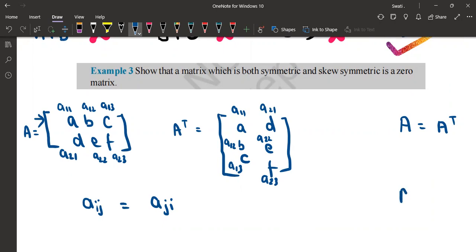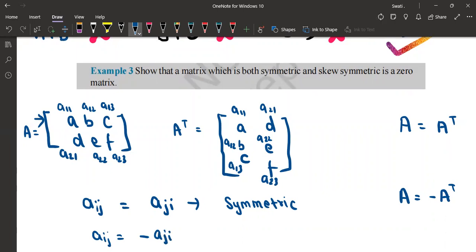Now, next is skew symmetrical. A skew symmetrical matrix is A is equal to minus A raised to T. That means, of course, the entries are like this only, like the first row is becoming the first column, the second row is becoming the second column with a negative sign. So this is the definition of a symmetric matrix. And this is the definition that Aij will be equal to minus Aji.